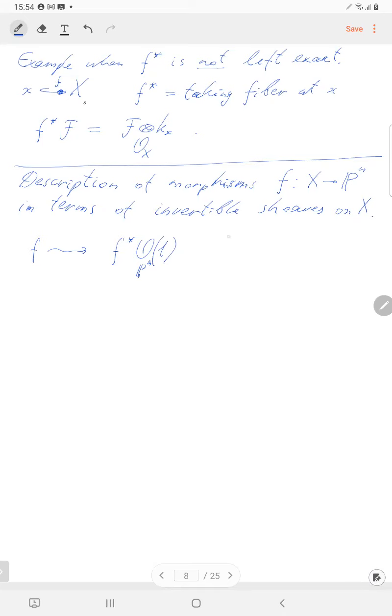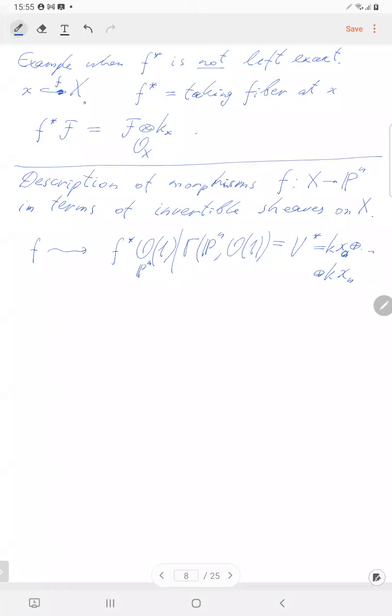We know that the sections of O(1) are just the linear functions, and let's pick these particular linear functions, kx0 plus so on plus kxn.